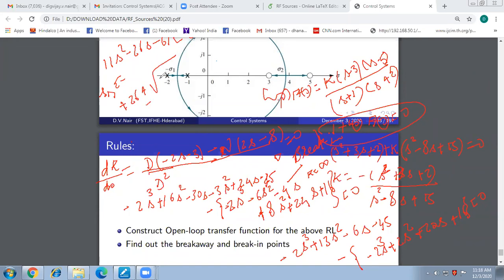B square is what? 26 square minus 4AC. 4 into 11 is 44. 44 into 61. This is more than 26 square, by 2A. A is what? 11. So it will be 22. So solve this. Under root, 26 square is less than 44 into 61.